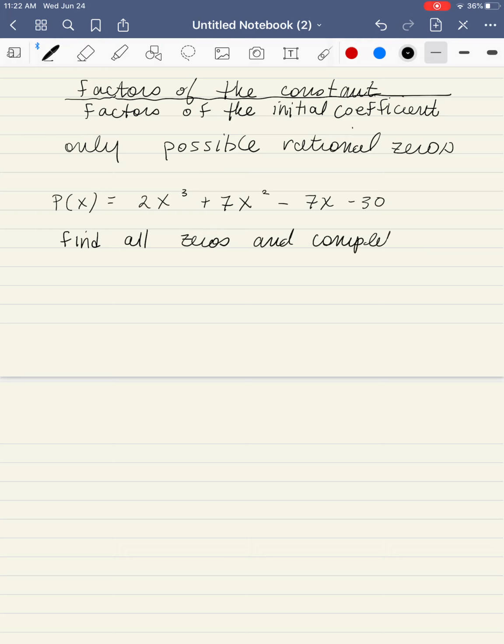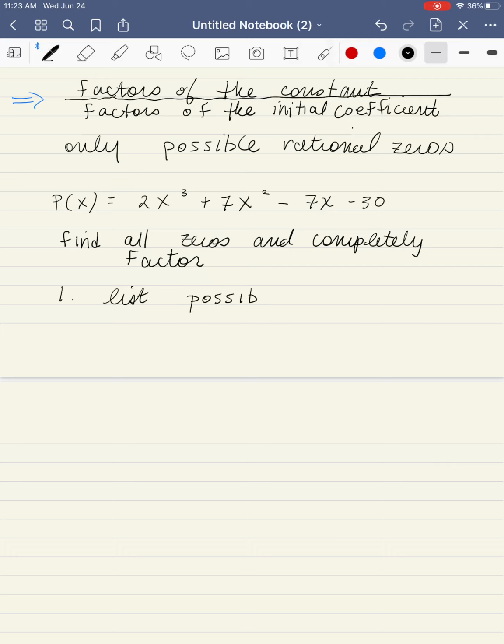But I wanted to find all zeros and completely factor this polynomial. I don't have a zero given to me to get started with the synthetic division, but I can use the possible rational zero theorem to find out some numbers that could be rational zeros.